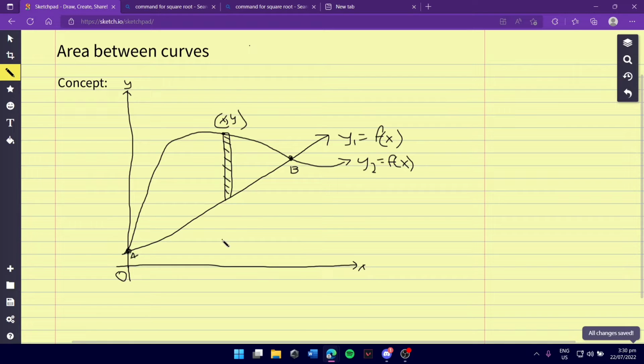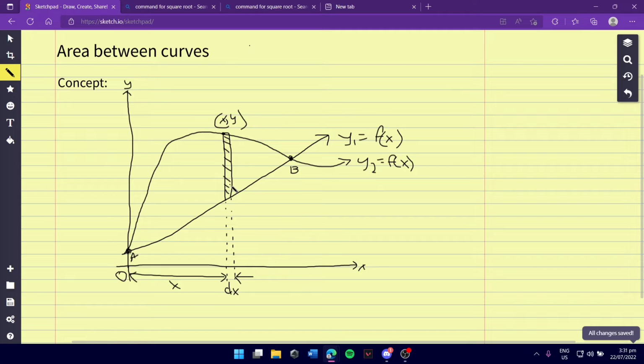Next, we are determining your length, width and height. So from the origin to your vertical strip, this is your x. And then the thickness is your dx.